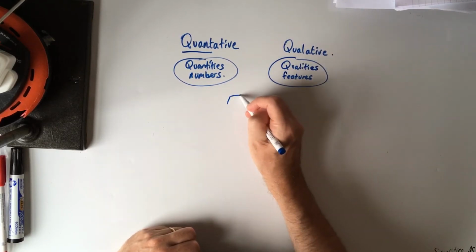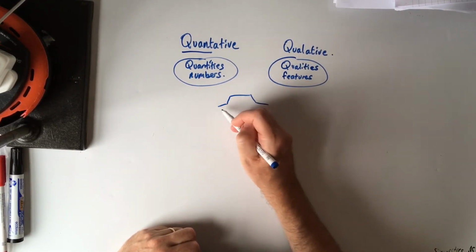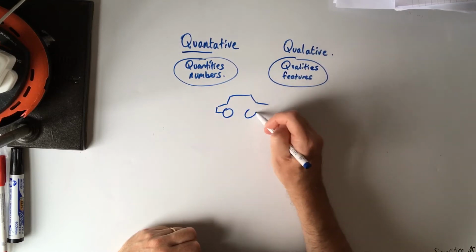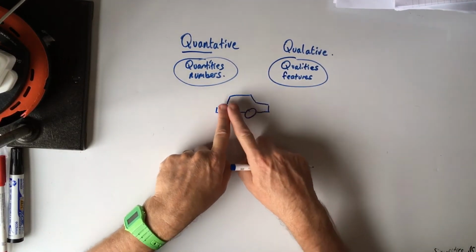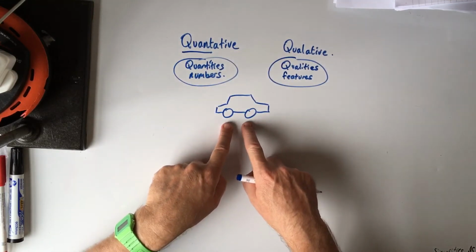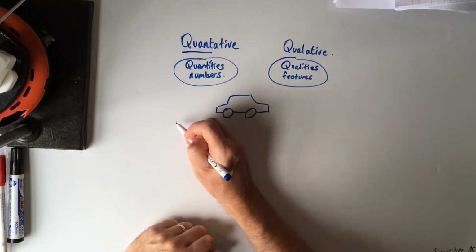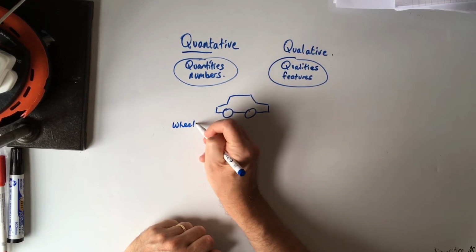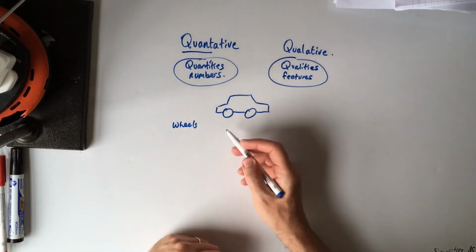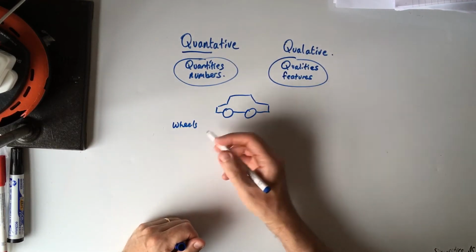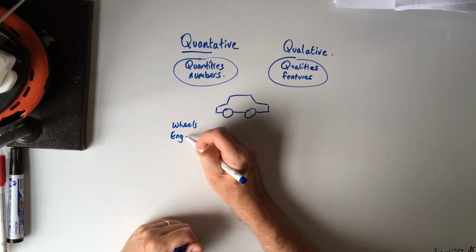So let's take a car. There's our car. So quantitative data about the car may be the number of wheels it has. I know cars have 4 wheels, but you get 3-wheel cars, okay, because it's a number. It's 4, isn't it? Okay, the engine size.